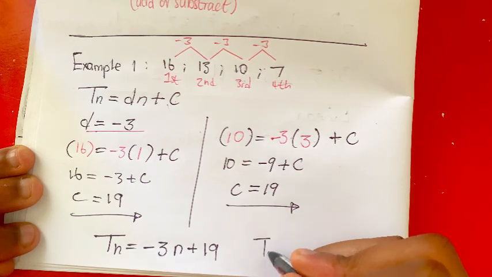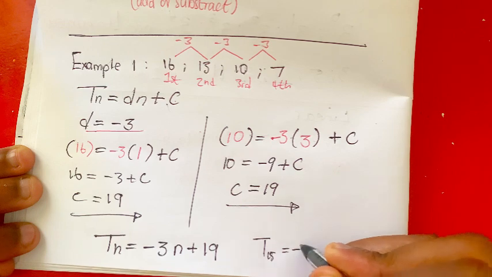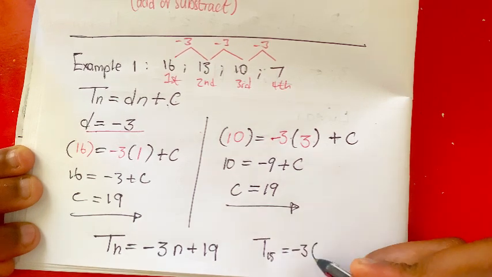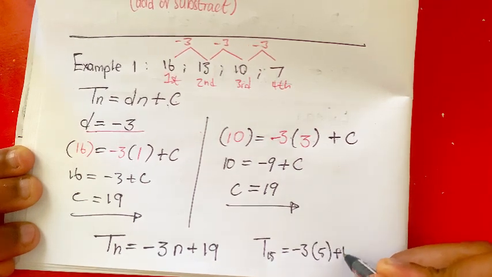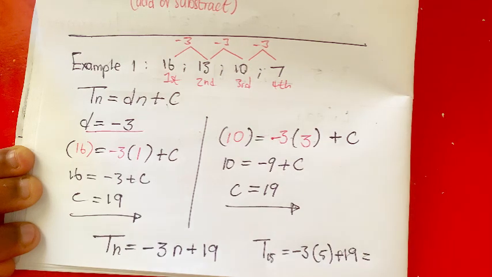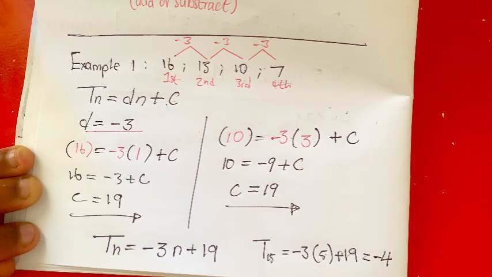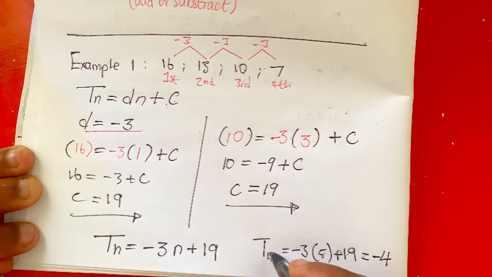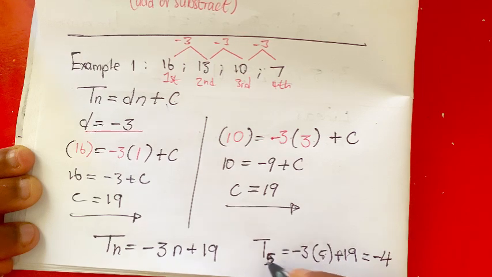Fifth term, T5 will be equal to -3 by 5 plus 19. This will be -15. -15 plus 19 is 4. So the fifth term, T5, is 4. Let's look at the last example.